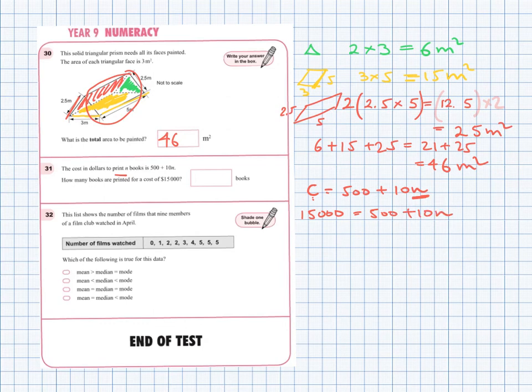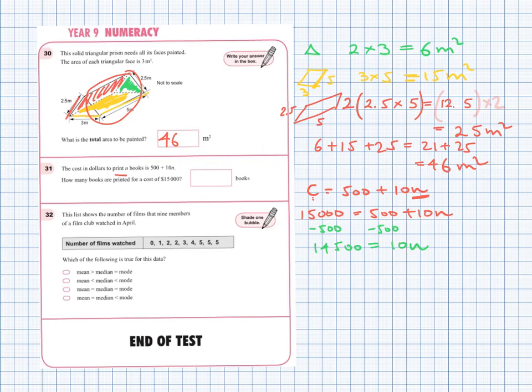equal to 500 plus 10N. Now, using algebra, we want to get rid of the 500 first, on both sides. That's going to give us 14,500 equal to 10N.